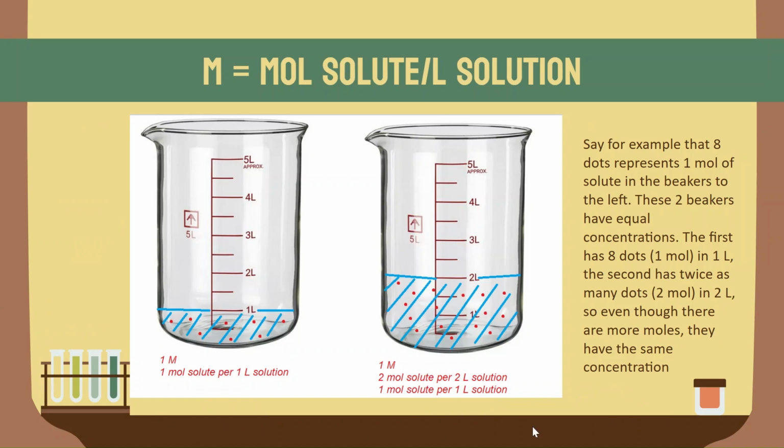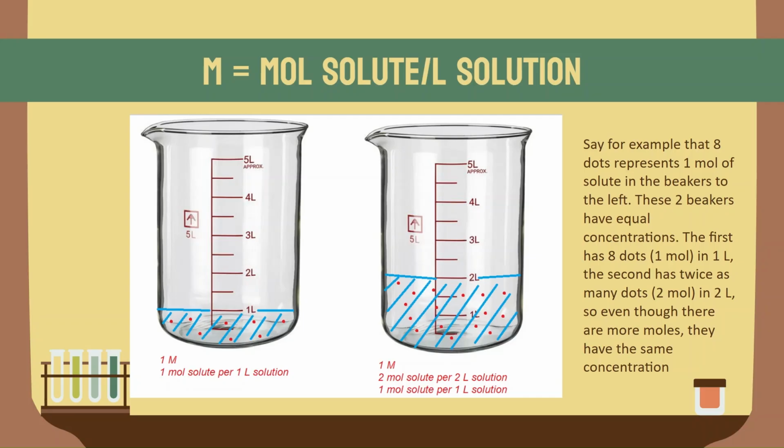All right, so let's think about this just conceptually before we actually start throwing numbers into it. Let's say, for example, my solution on the left here is a 1 molar solution. I don't know anything about the mass here. I don't know what kind of solute I have, but we're just going to pretend that these 8 dots on my solution on the left represent 1 mole of solute.